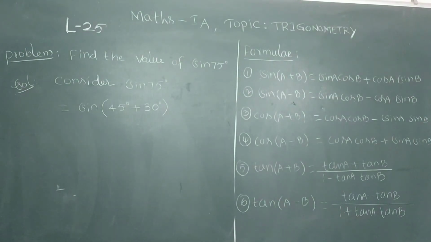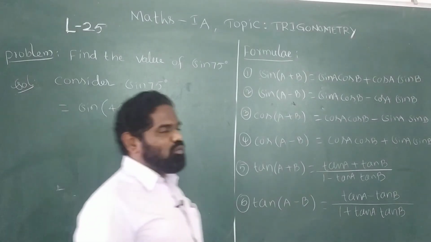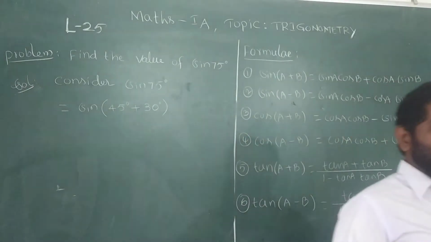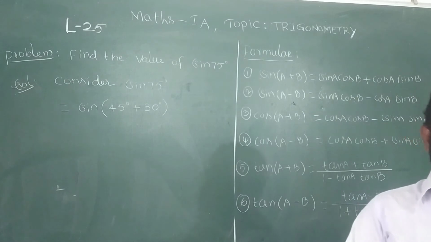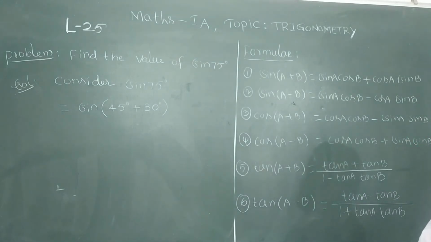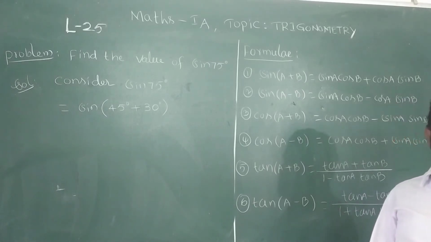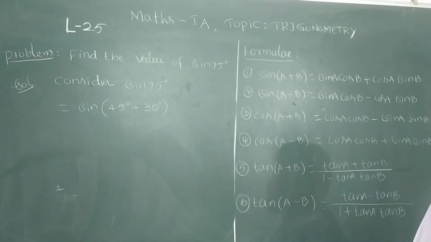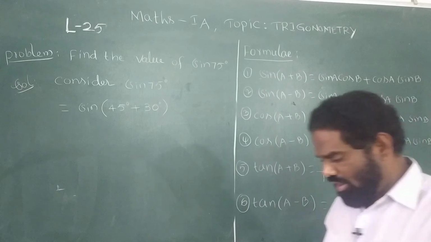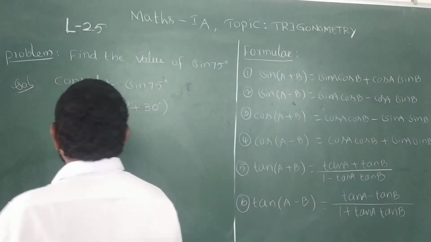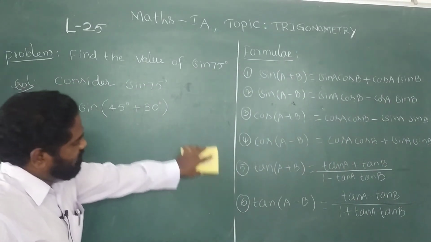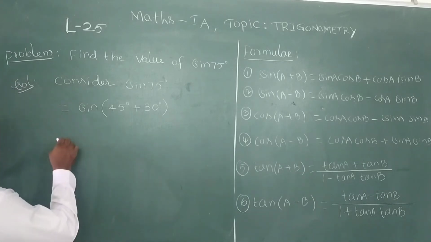We know the separate known values: sine 45 degrees, sine 30 degrees, sine 0, sine 90, sine 60. With the help of these known values, we are going to find the value of sine 75 degrees.